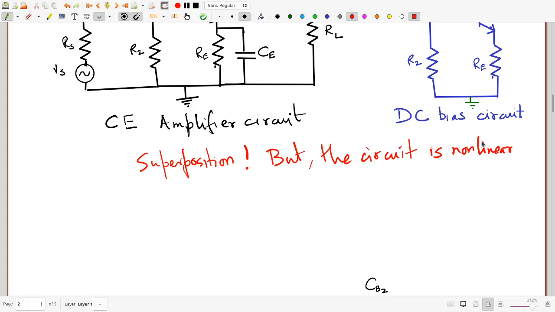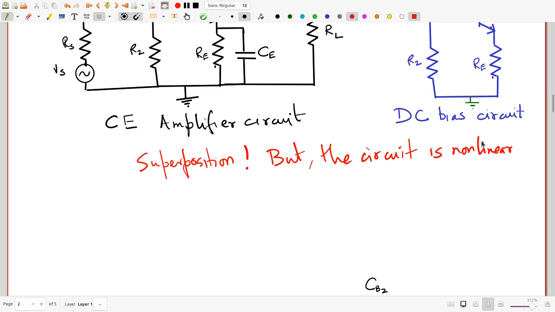And the superposition principle, strictly speaking, cannot be used for non-linear circuits, for the simple reason that superposition ultimately says that if you put in two different inputs, the output is the sum of what you would get for those two inputs separately. And that, of course, is something which is true only for linear circuit components.